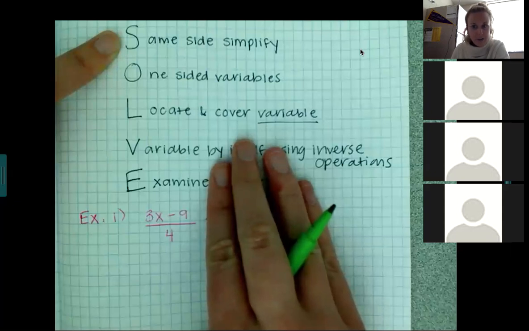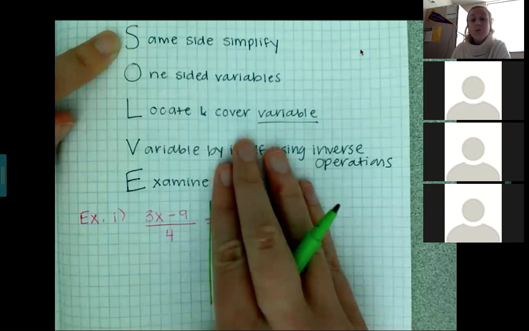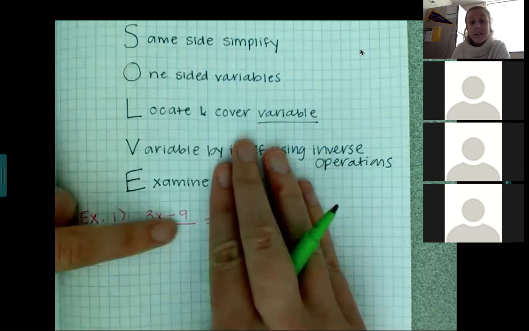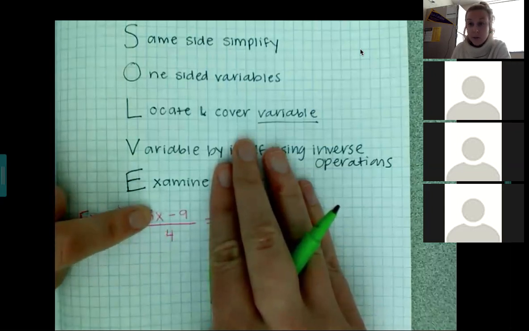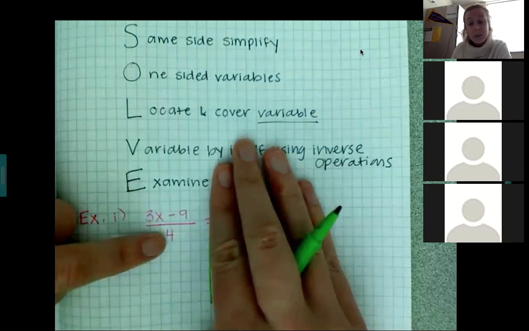Okay, be careful. You can't combine any of those because the 9 is being subtracted from the 3x. So since it's up here with the x, we can't do anything with the 9 and 4.